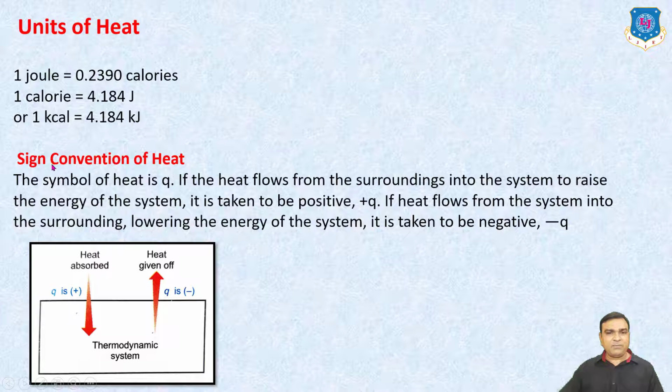Sign convention of heat. The symbol of heat is Q. If heat flows from the surroundings into the system to raise the energy of the system, it is taken to be positive. If heat flows from the system into the surroundings, lowering the energy of the system, it is taken to be negative.